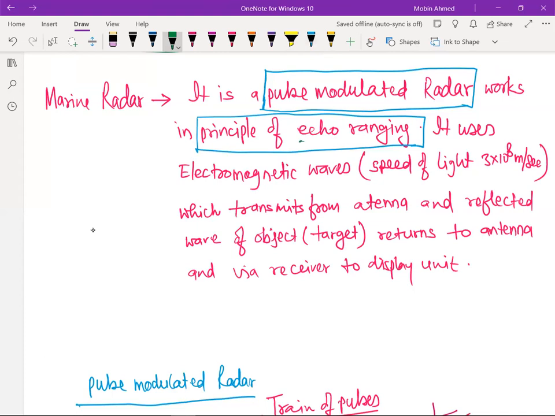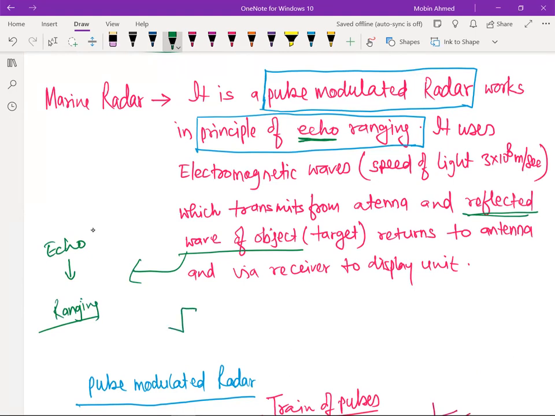So these reflected waves are known as the echo of the object. This echo is going to come from the object and appear on the display, so we can find the range, and that's why it is known as the echo ranging principle.